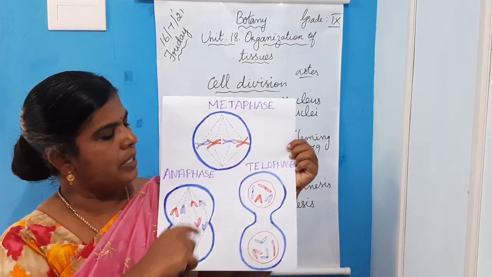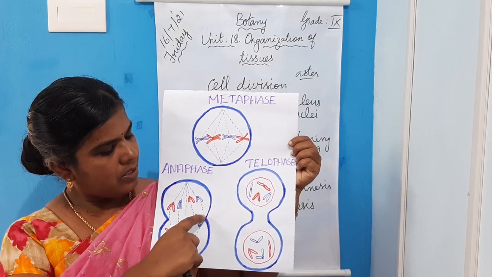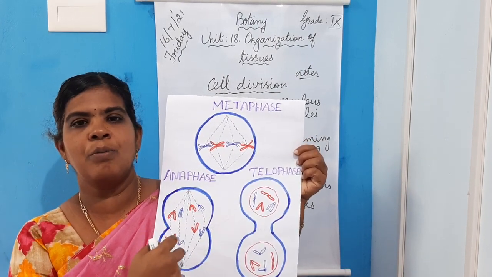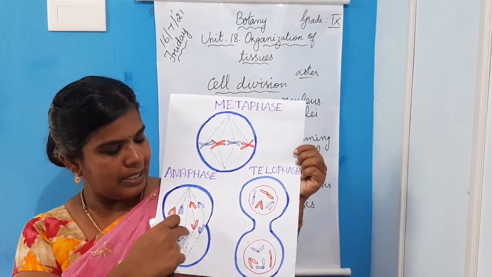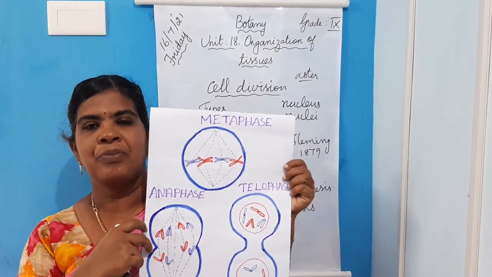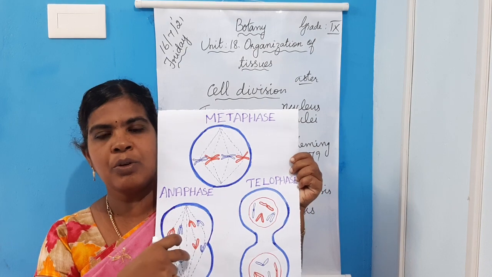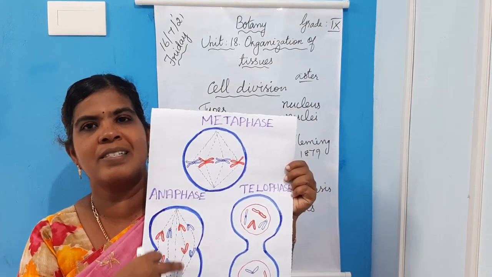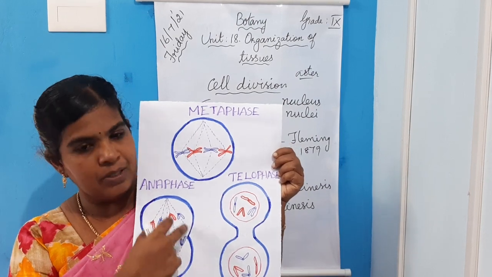So what happened during anaphase? The division of the centromere and chromosomes takes place. This helps to move the chromatids towards the opposite poles.